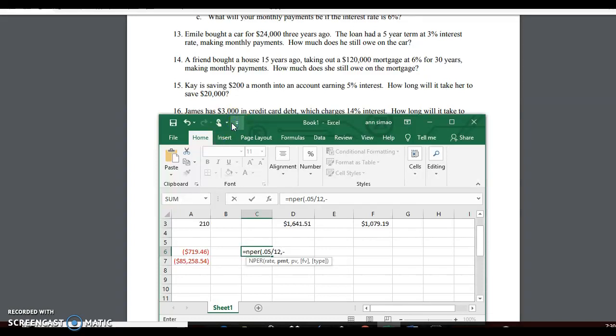Remember how we had all those negatives? You have to use the negative here. Negative 200, comma, my present value is 0. She doesn't have any money right now. My future value is 20,000. That gives 83.76. So we're going to round that up to 84 months in order to save $20,000.